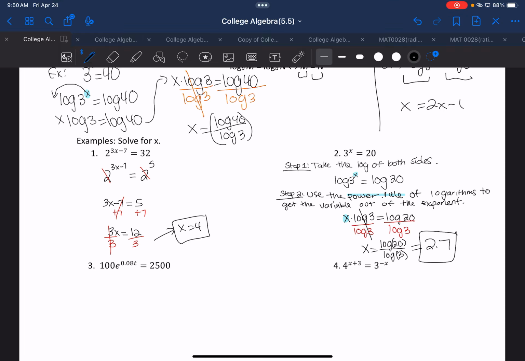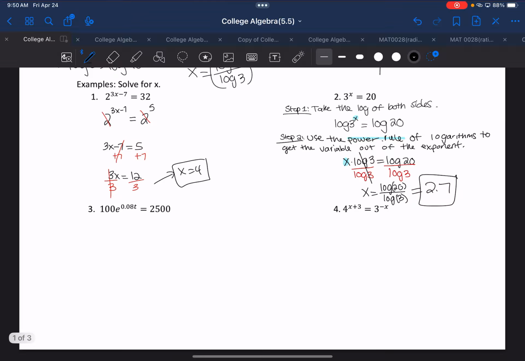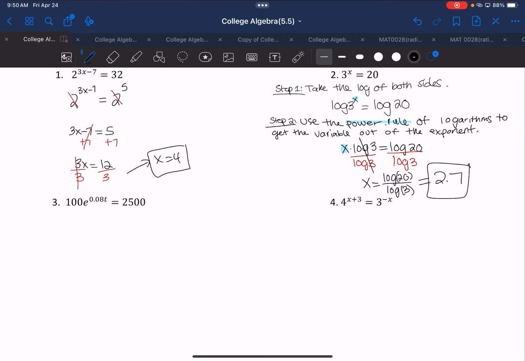All right. Number 3, like I said, I need to get the exponential expression by itself first. And the exponential expression there is just whatever the base is and the exponent of the base. So that is the exponential expression with a base e.